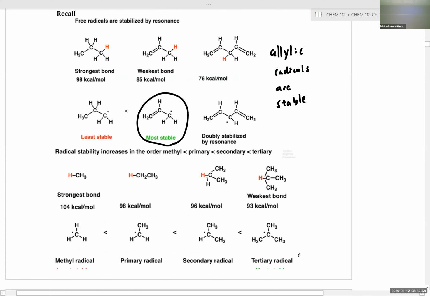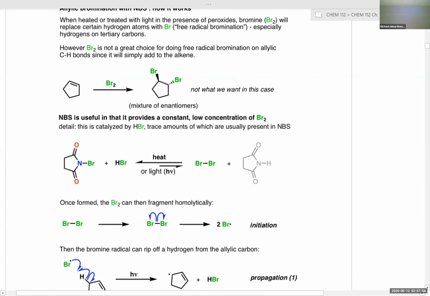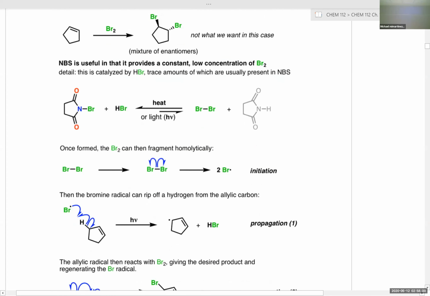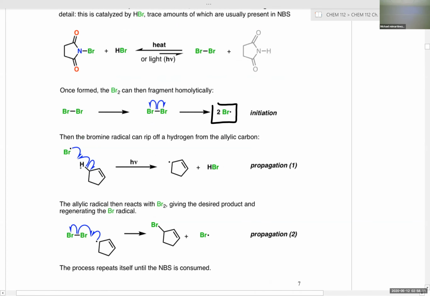So then, for allylic bromination, after we generate our bromine radical, the bromine radical can abstract a hydrogen, and we of course generate a very stable allylic radical.